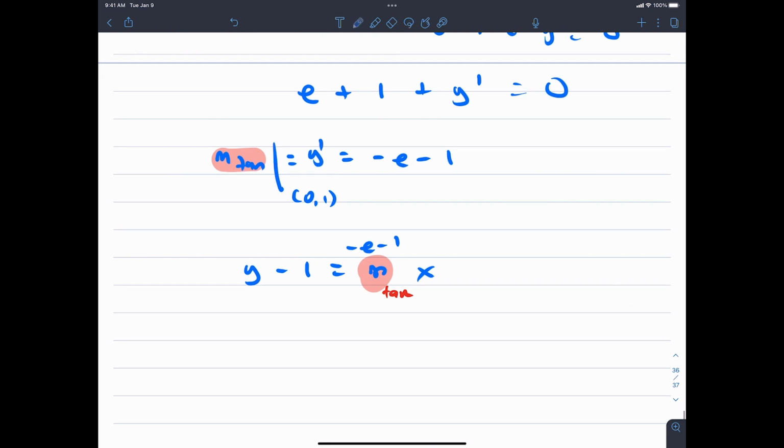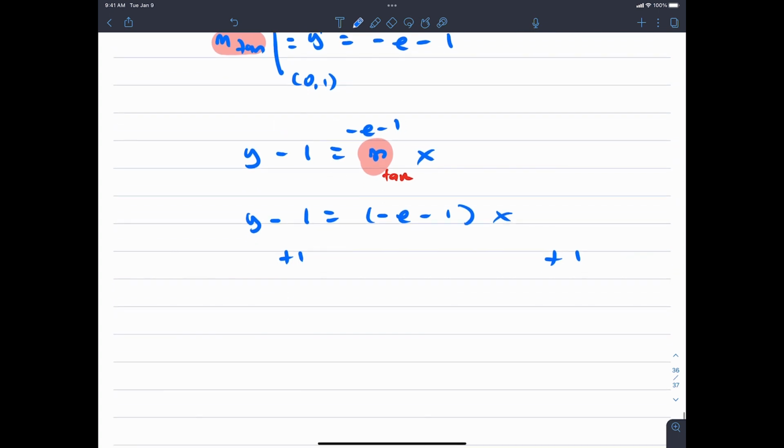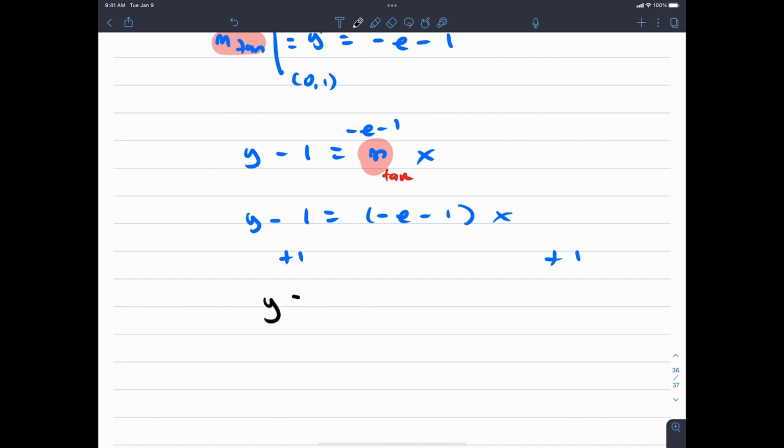Okay, so y minus 1 is negative e minus 1 x, almost done. Add 1 to both sides. What do you guys end up with? y is negative e minus 1 x plus 1.